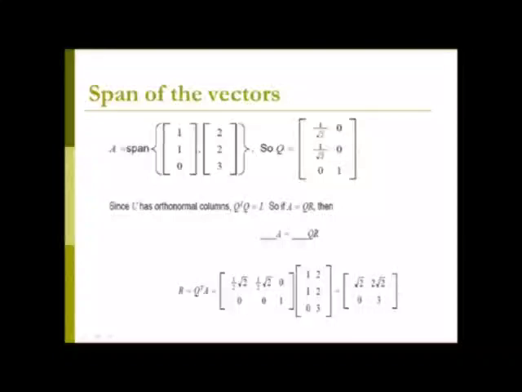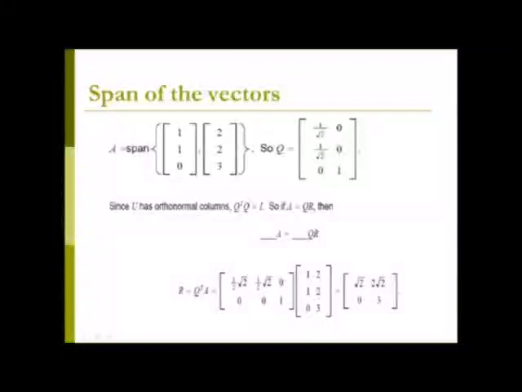Since Q has orthonormal columns, Q transpose into Q is an identity matrix. So, if A equal to Q into R, then R can be written as Q transpose into A.